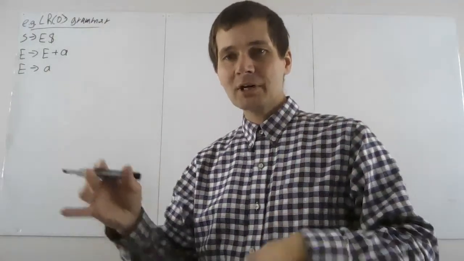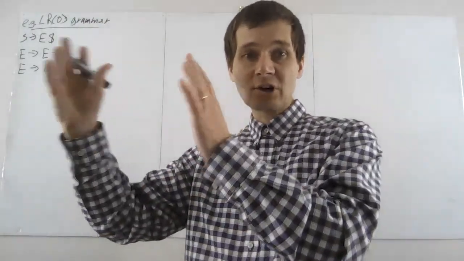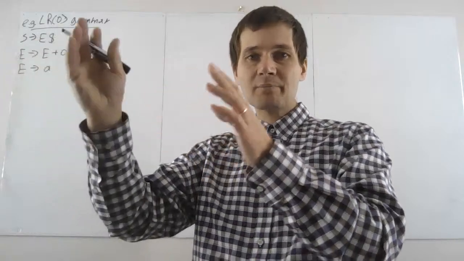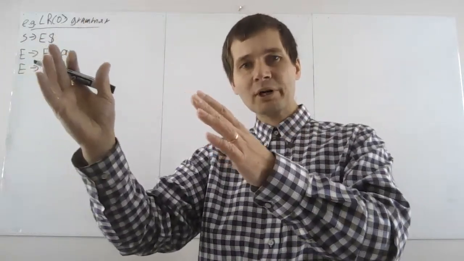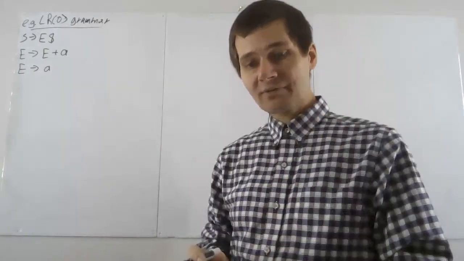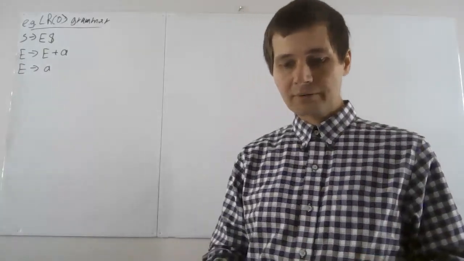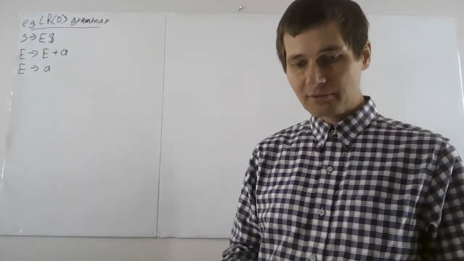That was top down. Now with bottom up, we're going to start with the input and build up the derivation in reverse. And then our hope is that eventually we're going to reach the start symbol of the grammar.